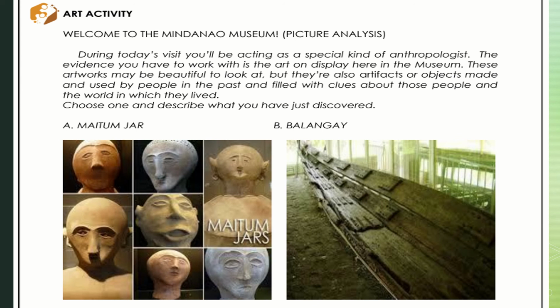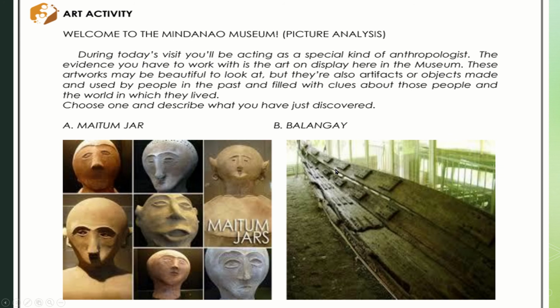So in here you can see two pictures. Letter A is the Maitum jar and then the other one is the balangay. What you're going to do is to choose one only. I repeat, choose one and describe what you have just discovered about these artifacts.